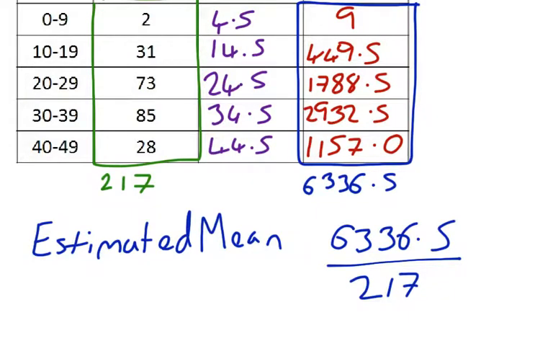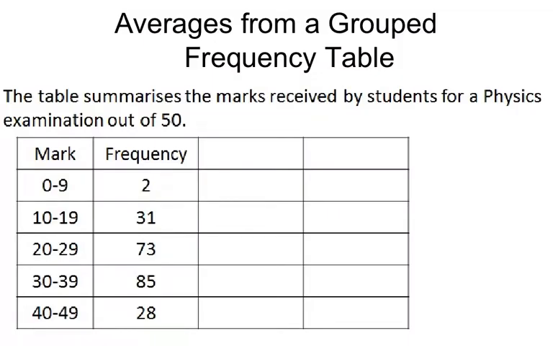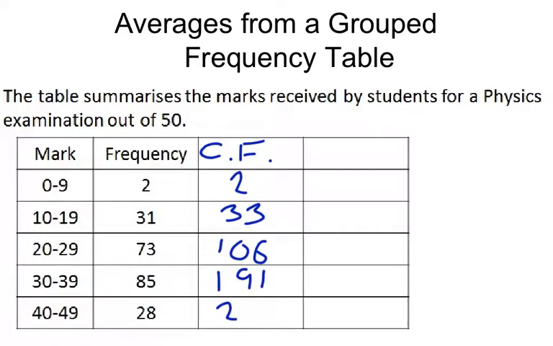To find the median, we do a similar process to that of a normal frequency table. And to find the median, we need to have the cumulative frequency. The cumulative frequency in this case, we get 2, 33, 106, 191, and finally 217.